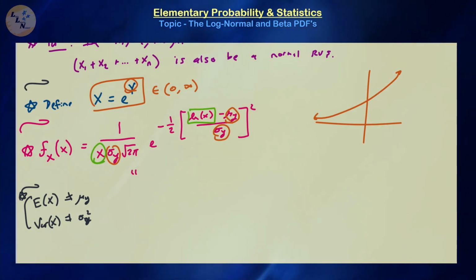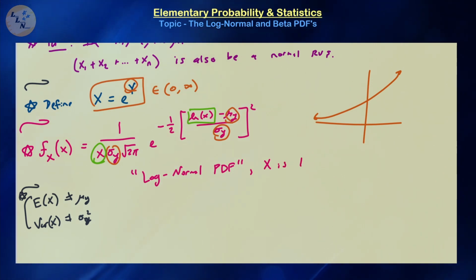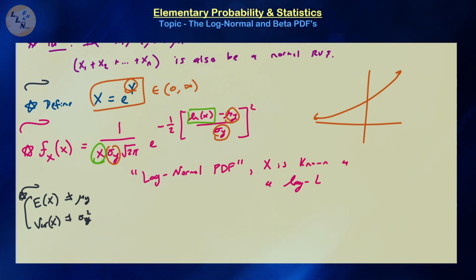So this distribution is known as the log normal probability density function, and x is known as a log normal random variable.